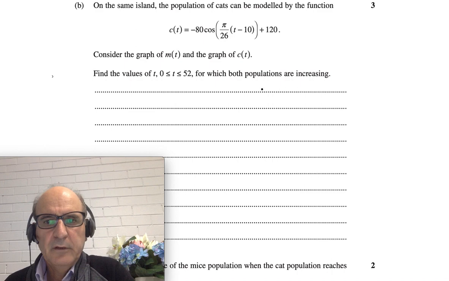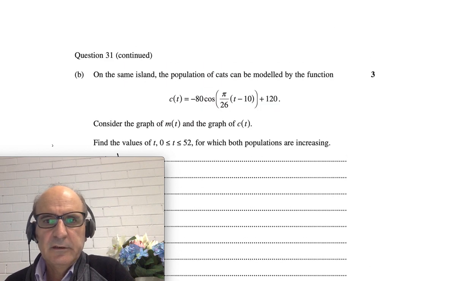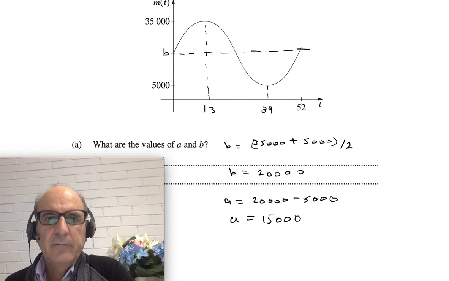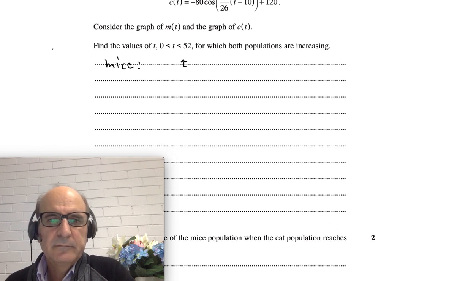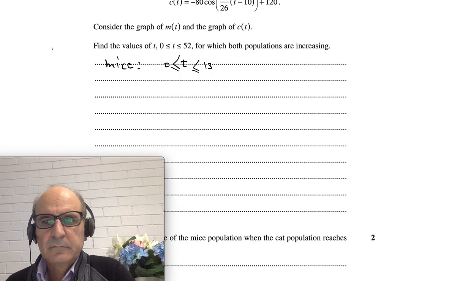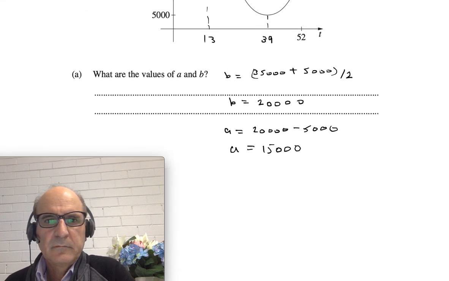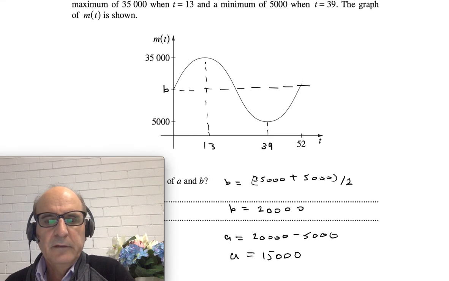So for mice, we had population increasing when the time is between 0 and 13, and then between 39 and 52.